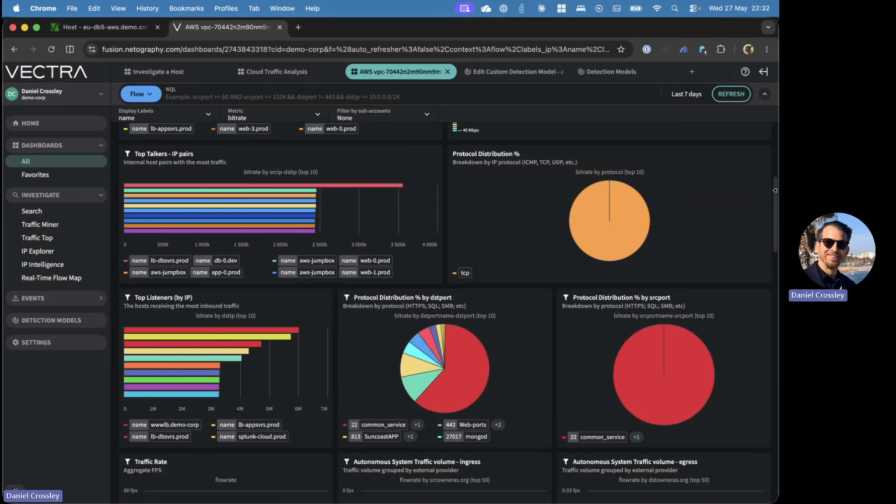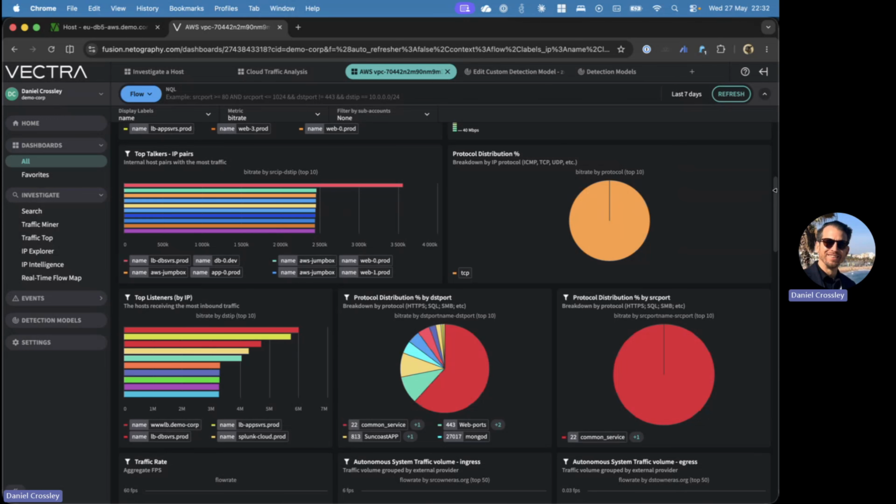We can also see traffic from an AWS Jumpbox to our dev environment, as well as traffic from an IP address into other parts of my VPC, or other instances hosted within my VPC. But this one is where I'm most interested. Typically speaking, you wouldn't want to have your prod traffic flowing into your development environment, and this is the level of observability that Vectra Fusion can bring you.